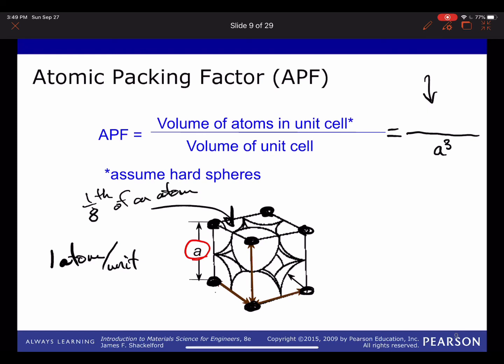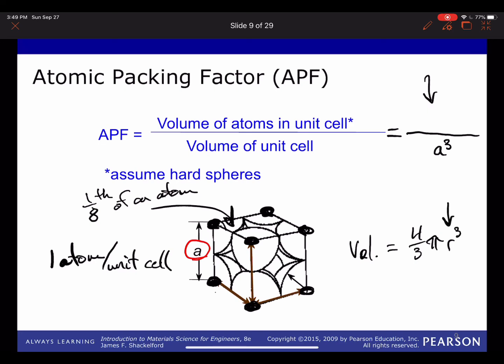And that's going to help us with the numerator. Of course, these atoms are spheres, so we simply need to know the volume of a sphere. And so the volume of a sphere is, of course, 4/3 pi r cubed, where r is the radius of that sphere.